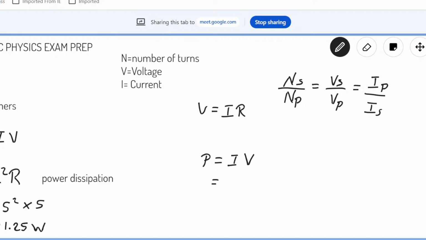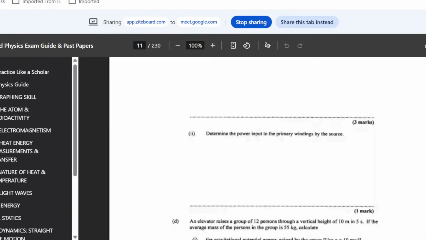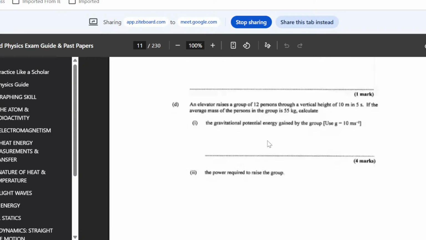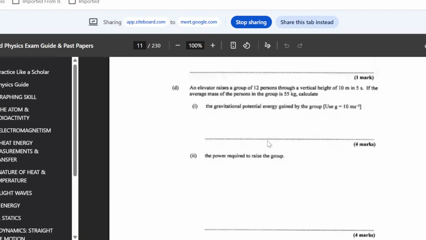So at the source it would be 0.225 times 50. And that would give us our power. All right, what's the math on that one?